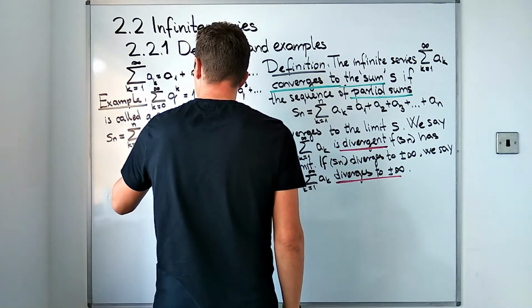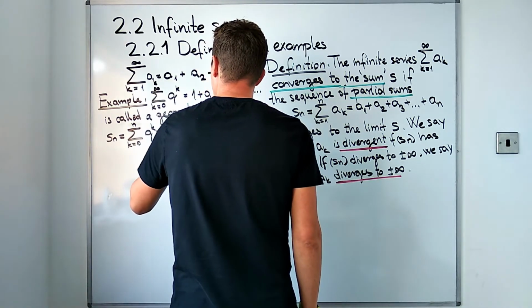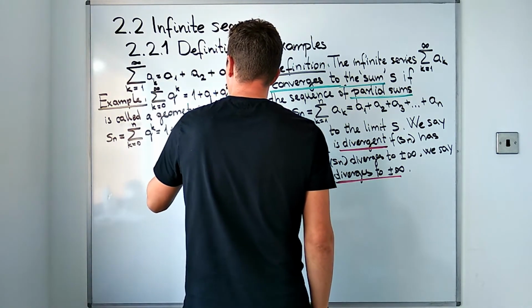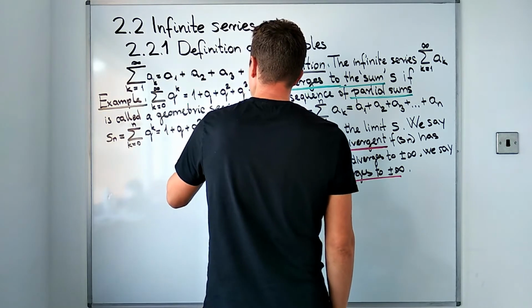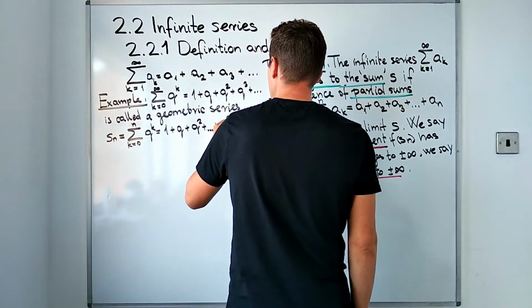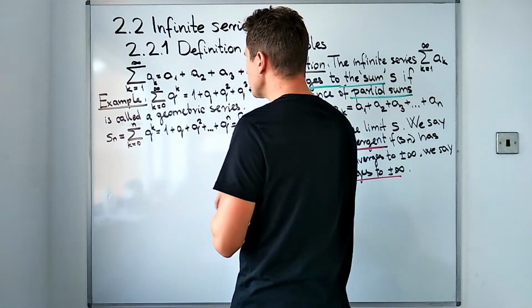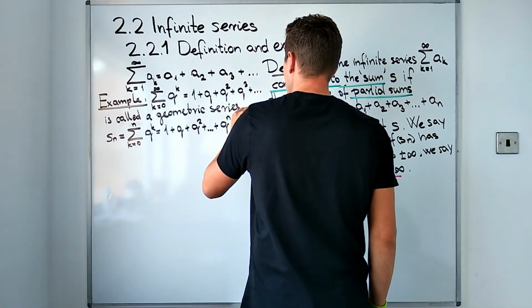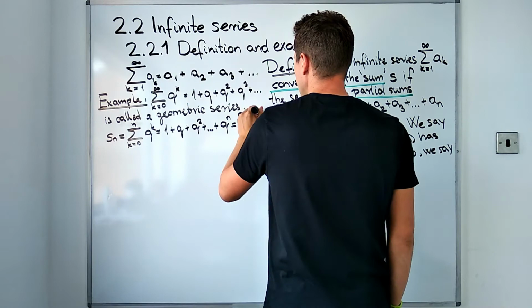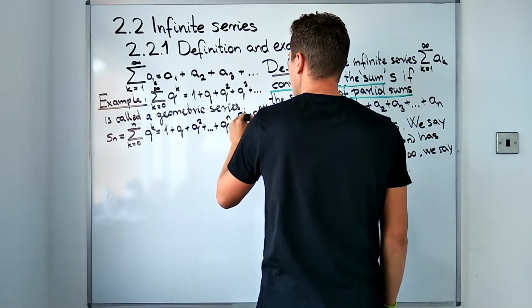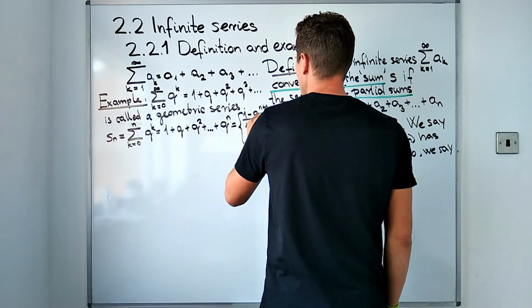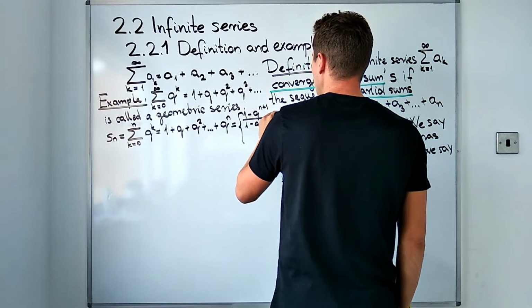So this was exactly the sum that we had a nice formula for. And what did we have? Well, if you remember, we had two cases. We had the case when q is not equal to 1. In that case, we could write that (1 minus q to the n plus 1) divided by (1 minus q). So that was when q wasn't equal to 1.